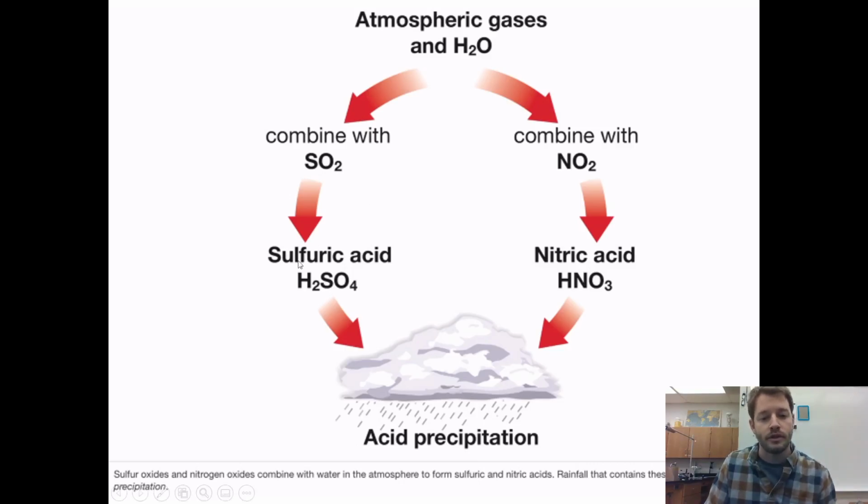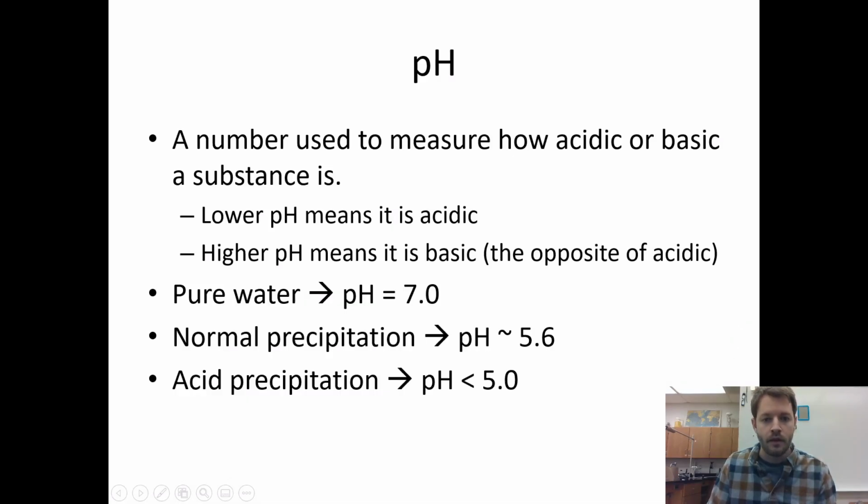And so it forms these two acids, also sulfurous acid, which is H2SO3, and those acids come down in the form of precipitation.